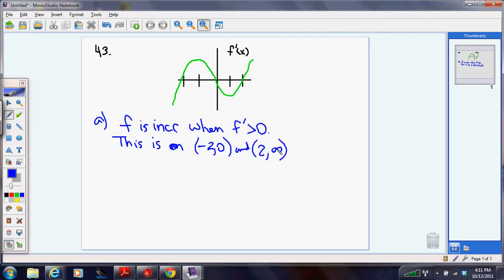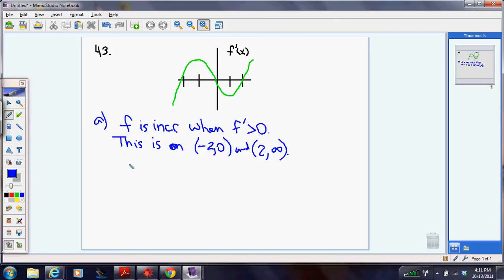Now we never want to use a closed bracket on infinity, but whether or not we decide to use square brackets or parentheses at the numbered endpoints here is really irrelevant, because the AP examiners, again, only look at the number. They don't look at whether or not we're including or excluding the endpoint at the moment.